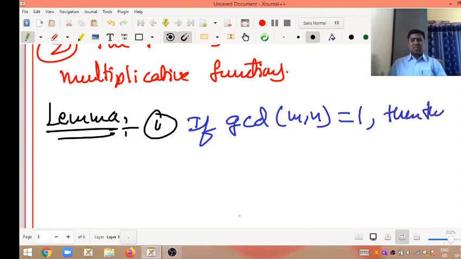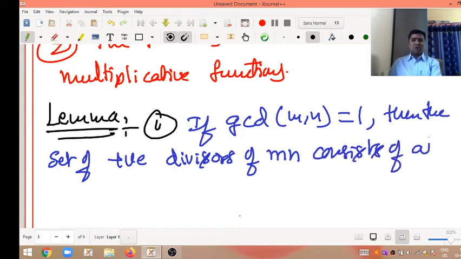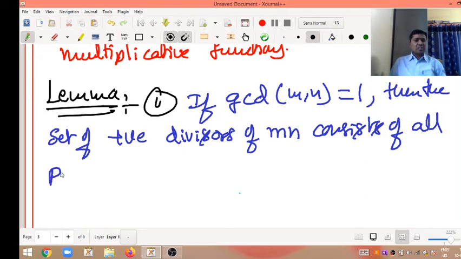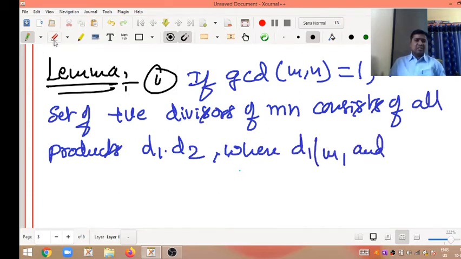Then the set of positive divisors of the product of integers mn consists of all products d1 into d2, my dear friends, where d1 divides m and d2 divides n.